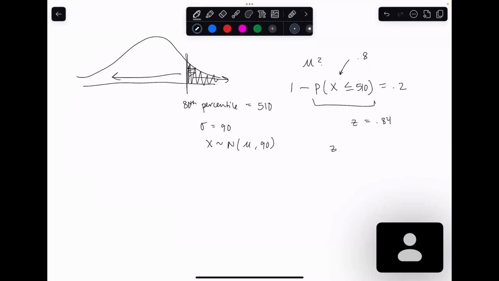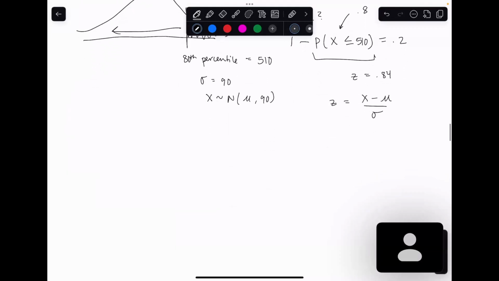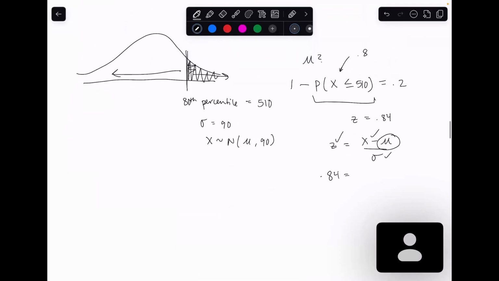And so if we remember, Z is equal to the value of X minus mu over the standard deviation. We have Z, we have X, we have our standard deviation, and we're looking for this. How convenient. So let's plug everything in. 0.84 is equal to 510, our X, minus mu, all over our 90.